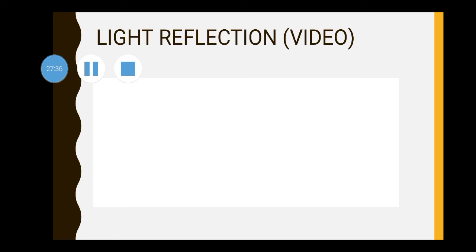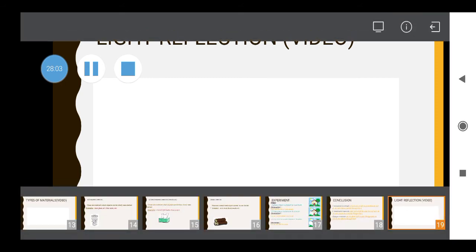It is not because of our eyes, because otherwise we could see in the dark, but we cannot see in the dark. So we are seeing the object because of light, and specifically because of light reflection, which means that the light falls on or strikes the object and then reflects back to our eyes, so we can see the object. So let's see it during this video.